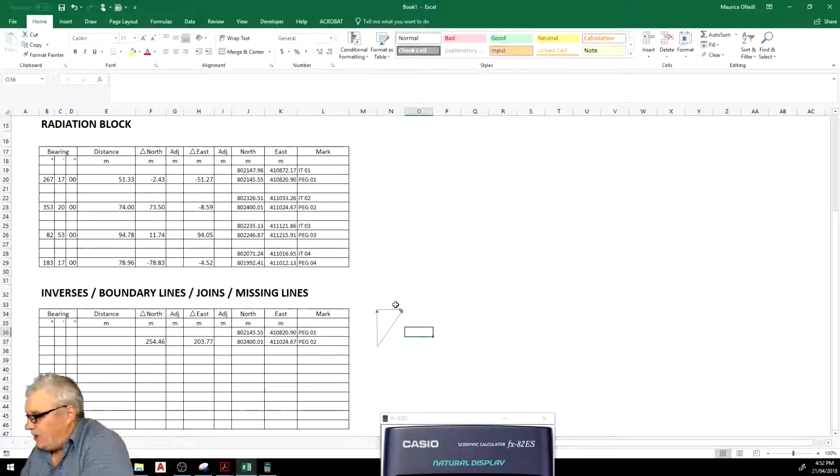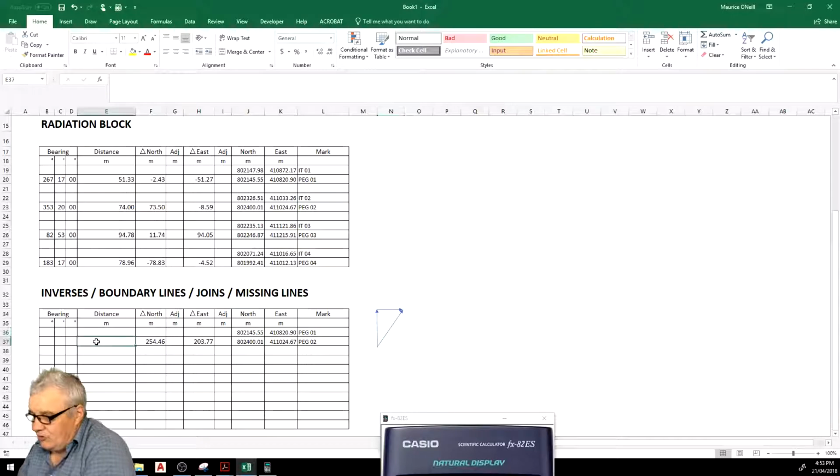And this will be my easting, 203.77. And this here will be my northing. So I want to calculate the bearing round, and that's the angle from north, always the angle from north, and the distance. Now you can see that the distance is going to be straight Pythagoras.